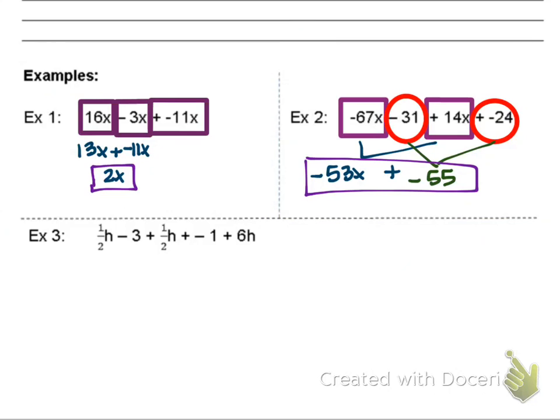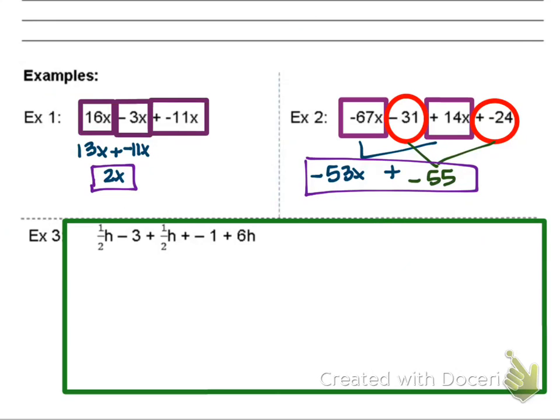Moving on to example number 3 now, I have 1/2 h minus 3 plus 1/2 h plus negative 1 plus 6h. Now in this case, I am going to box in the h terms. So that gives me 1/2 h, the plus 1/2 h again, and the plus 6h.